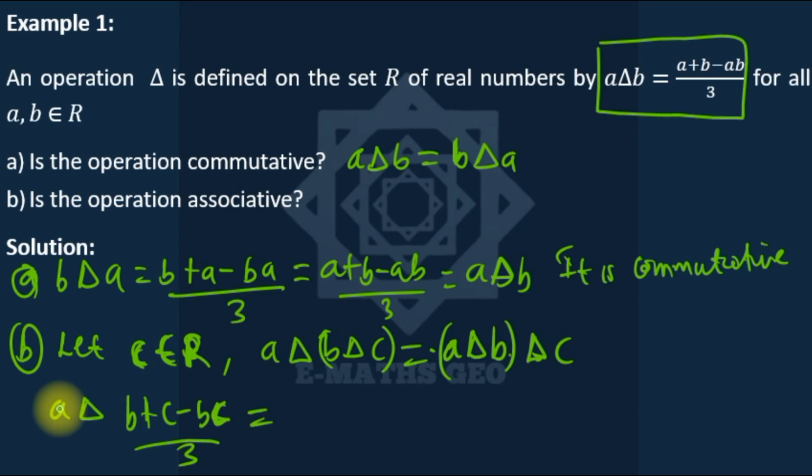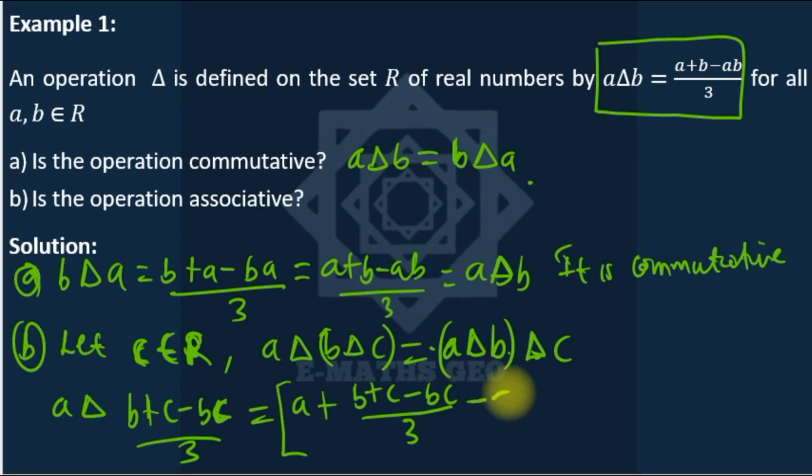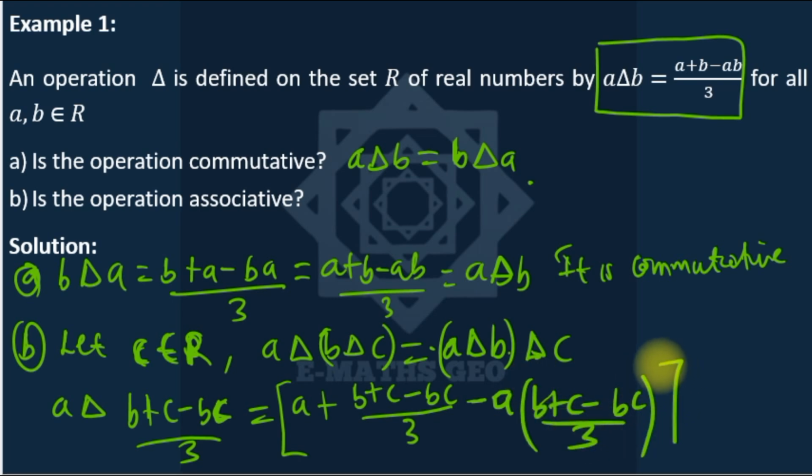Combining a triangle all this, we have a plus b plus c minus bc over 3, minus a times b plus c minus bc over 3, all divided by 3. There's no space, so I have to write it this way.